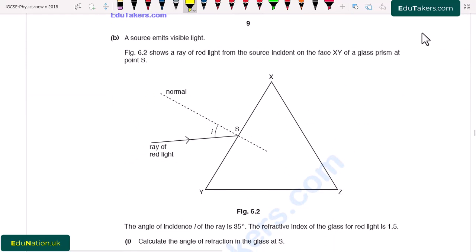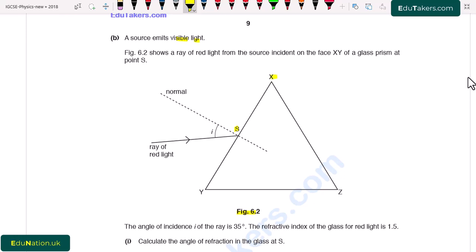A source emits visible light. Figure 6.2 shows a ray of red light from the source incident on the face XY of the glass prism at point S. So first of all, in figure 6.1 we can see that there is a prism and a ray of red light is incident on this prism at point S. So this is the point S and this light is incident on face XY.